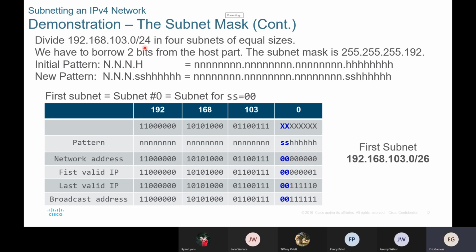So the first subnetwork should go from where to where? From .0 to .63, isn't it? From .0 to .63, we have 64 IP addresses. The second subnetwork will go from where to where?